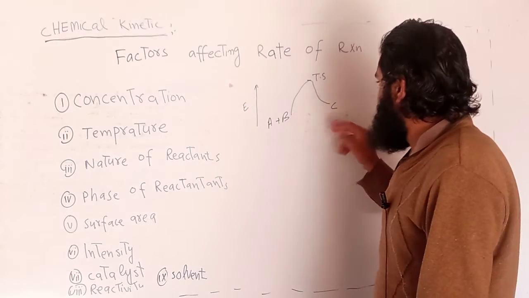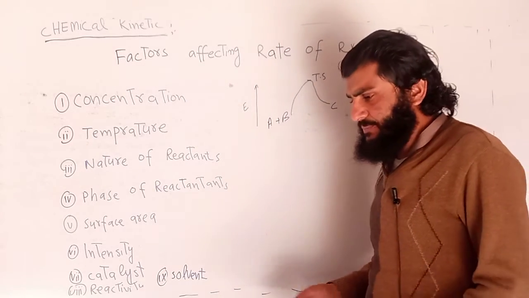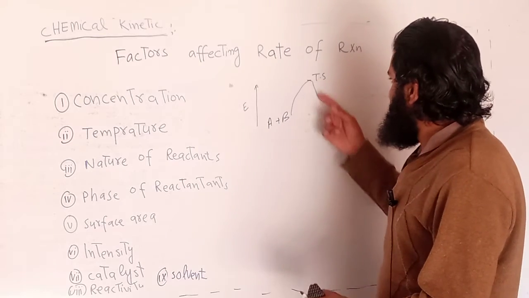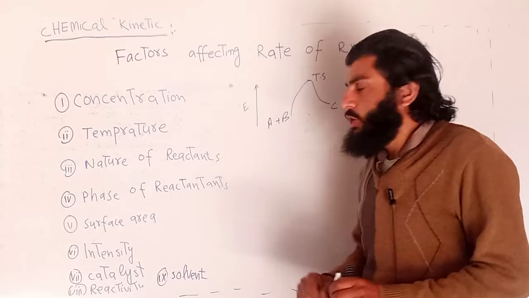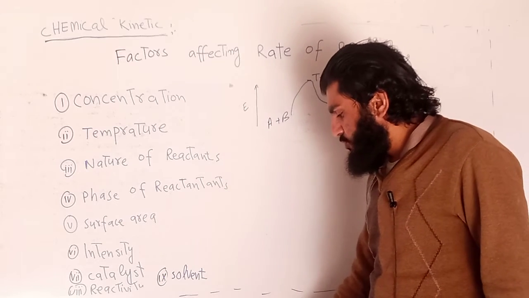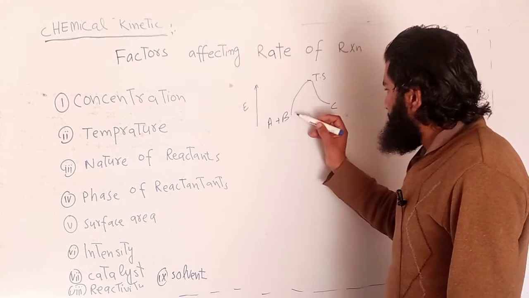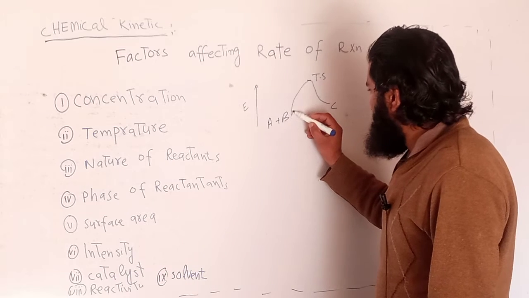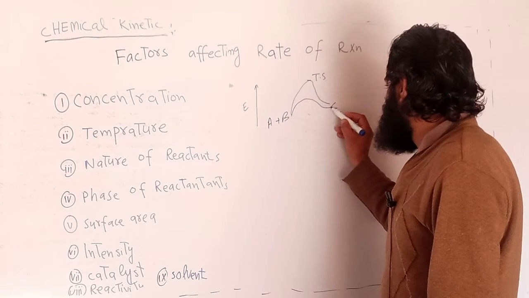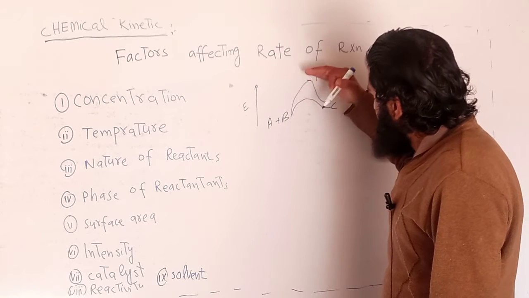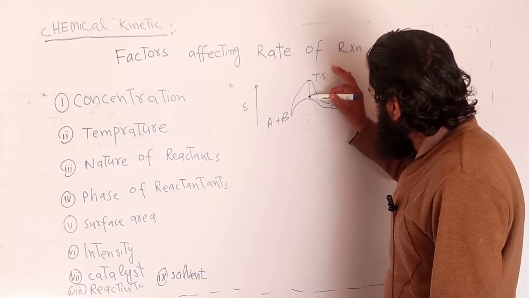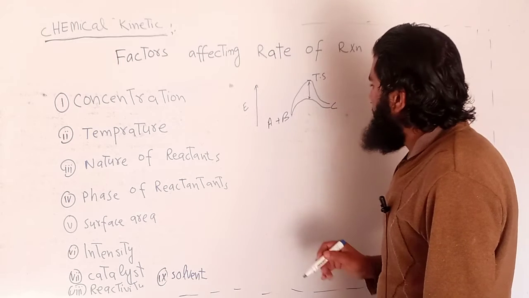So this is a reaction without a catalyst. If we use a catalyst, what will happen? The catalyst forms another way and decreases the activation energy, or decreases the peak of the hill.